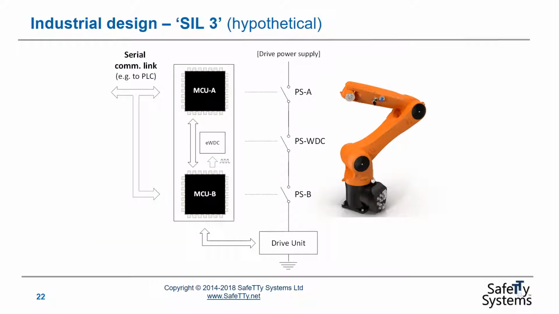Suppose we've got a design with two microcontrollers in it that might be used to meet IEC 61508 requirements, for example. So we have two microcontrollers in this design and they're performing cross-checks between them continuously during the operation of the system.